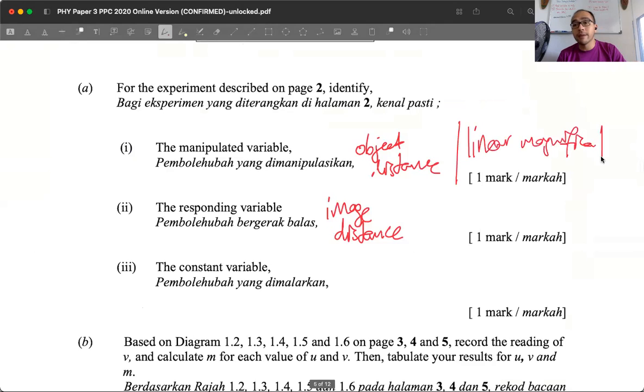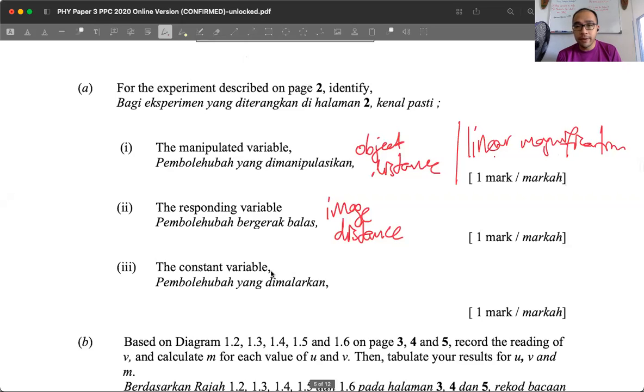Because that's the graph. Linear magnification and image distance. Ini saya terima. You can put object distance and image distance. This is the standard one. The safest of them all is these two. But if you put the manipulated variable as linear magnification, saya pun akan terima.